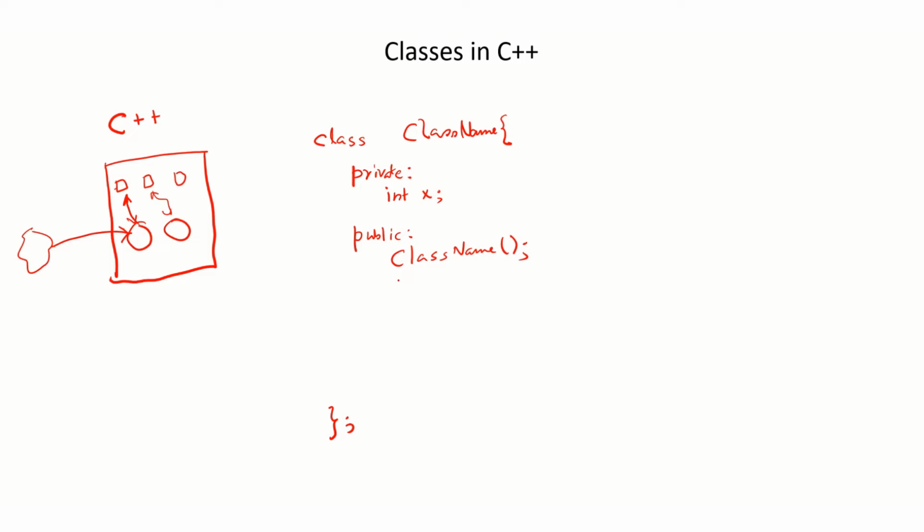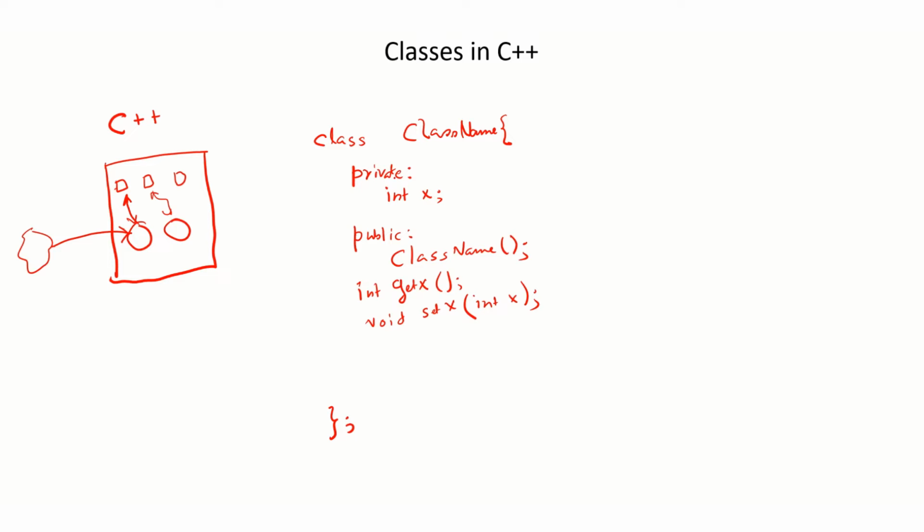One accessor method can be getX. Guess what will be the data type for it? This will be int. And we can define a mutator method, void setX, which takes int x. So this is the template of our C++ class.